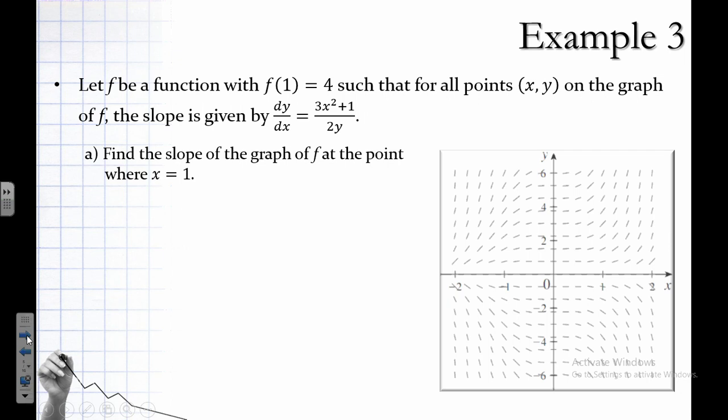Okay, so find the slope. Nick, to find the slope, what do we do? If I want the slope where x equals 1, what do we do? Okay, so we want dy/dx evaluated at (1, 4).